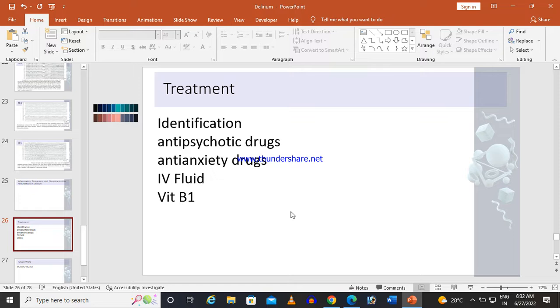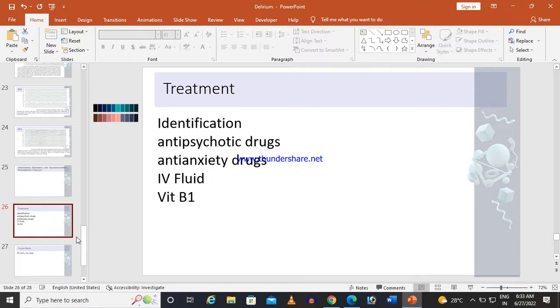IV fluid is a must, because when the patient is severe, he will not take food. The body needs to be hydrated, so for that IV fluid is to be applied. Definitely you should give vitamin B1, because it is very necessary for the growth and normal activity of brain memory cells.